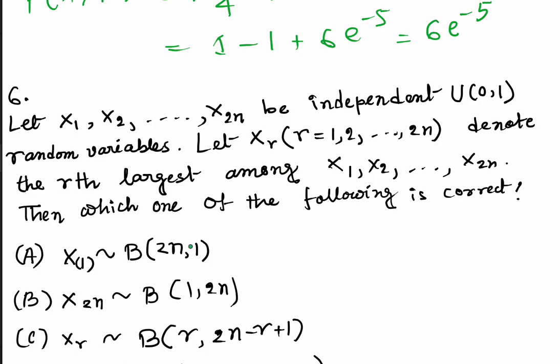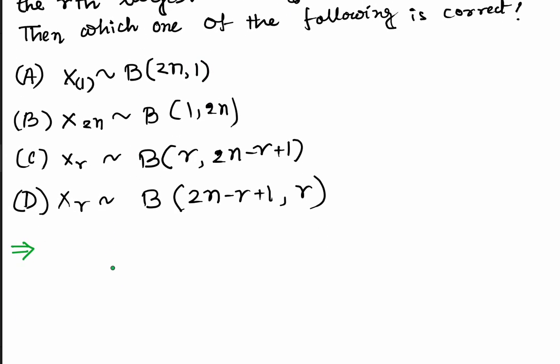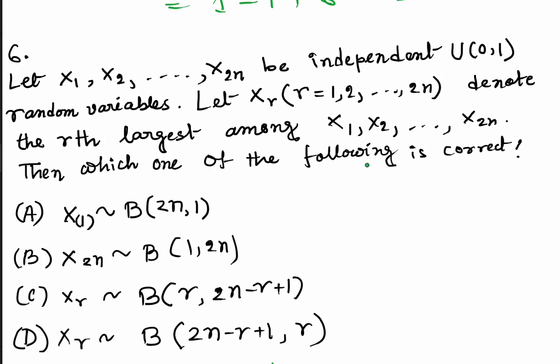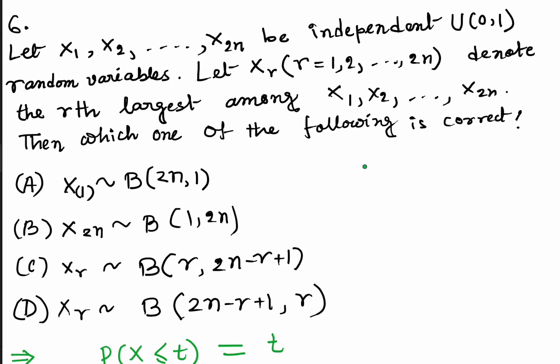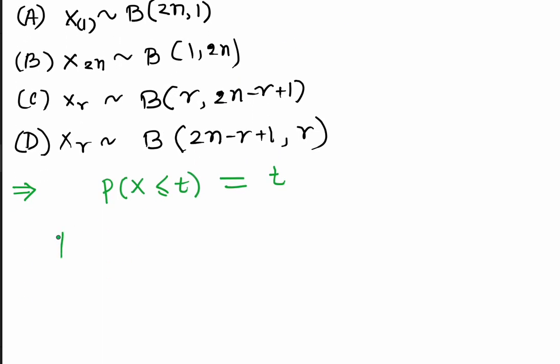Then the probability that any of these variables is less than or equal to t is simply t, right? Now what is the probability that the rth largest random variable x_r will be greater than t?